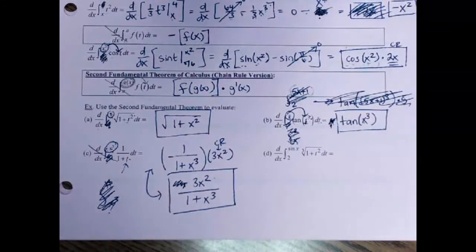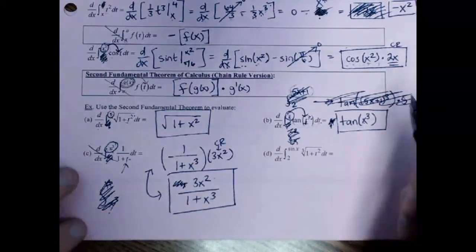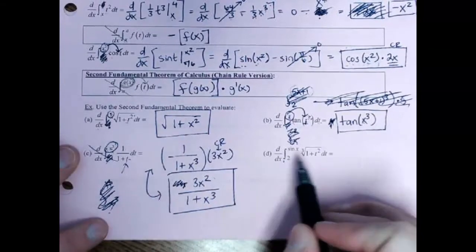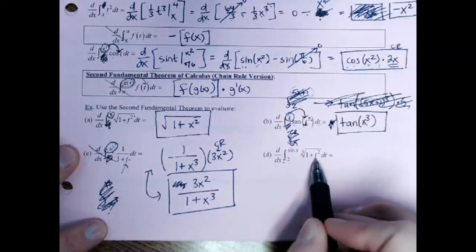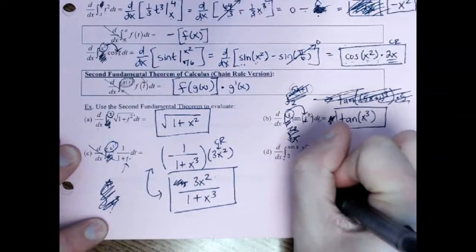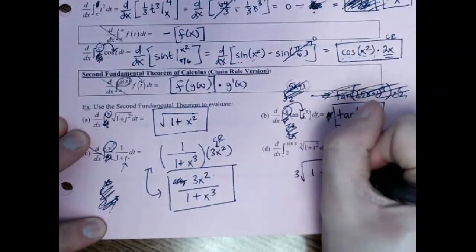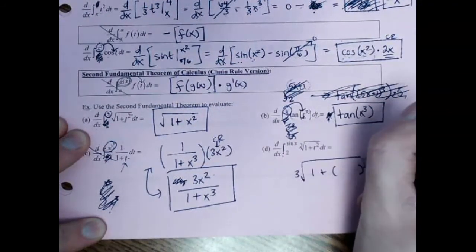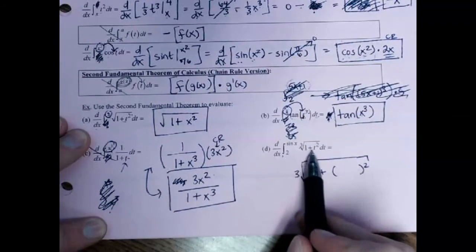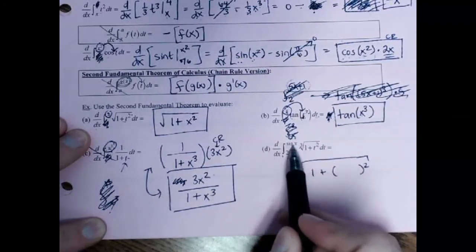Okay, last one, and then we'll be done. The derivative of the integral of this stuff. I've got the cube root of 1 plus t squared. So here we go. I've got the cube root of 1 plus stuff squared, right? That's what my function was. Cube root of 1 plus something squared. I'm going to take this sine of x and plug it in for t.